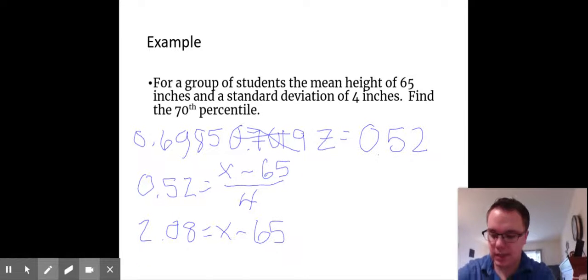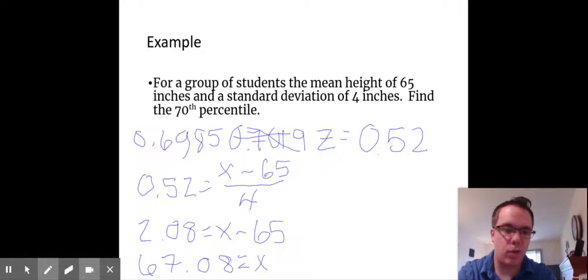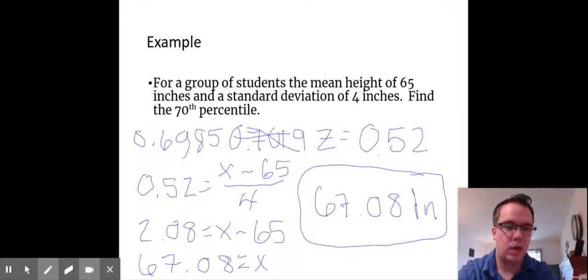If I add my 65 over, I get 67.08 for x. So what height is the 70th percentile? That would be 67.08 inches. So 70% of our students should be below 5'7".